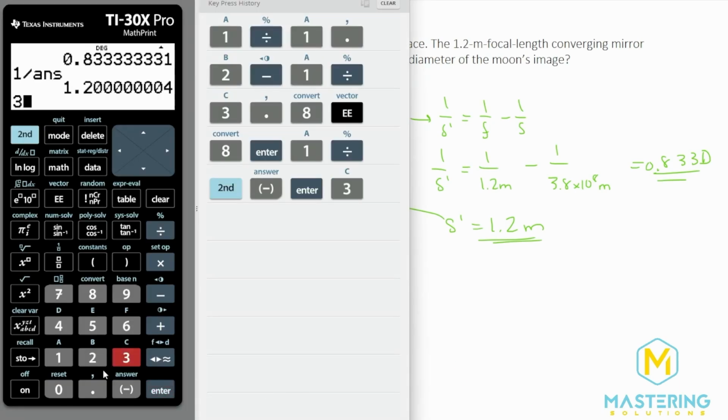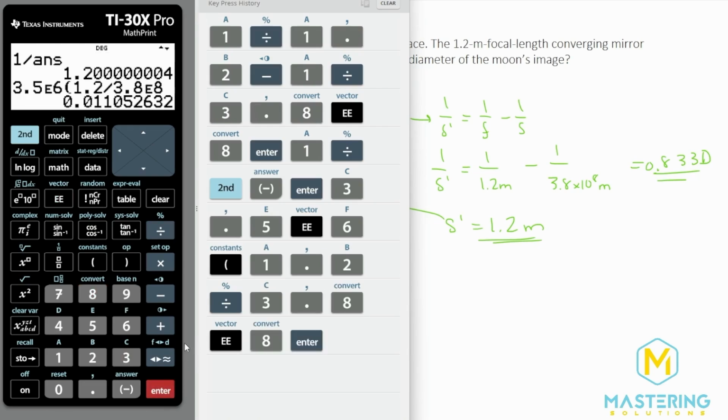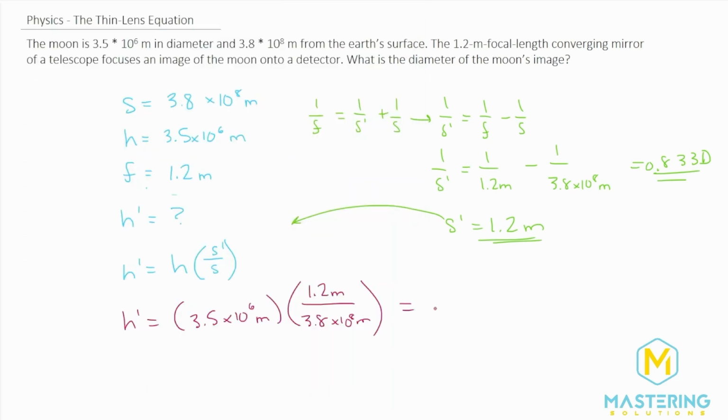So we have 3.5 times 10 to the 6 multiplied by 1.2 divided by 3.8 times 10 to the 8. That gives us in meters 0.011. So if we move it 1, 2, that will give us 1.1 centimeters as the diameter, or in other words, the height of our image of the moon.